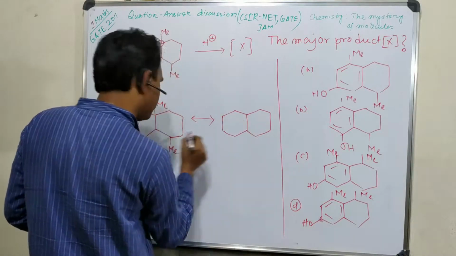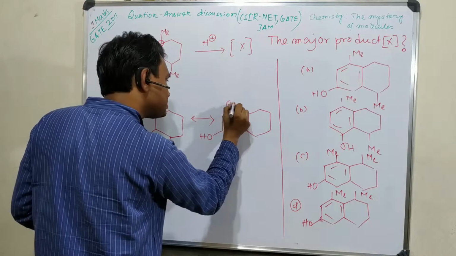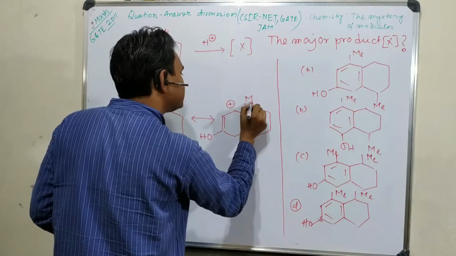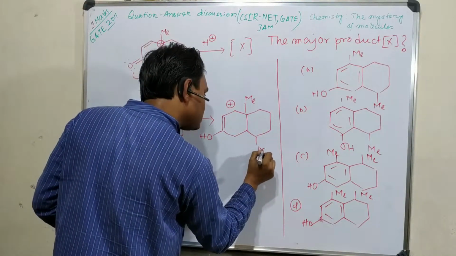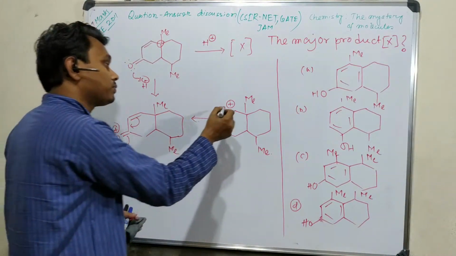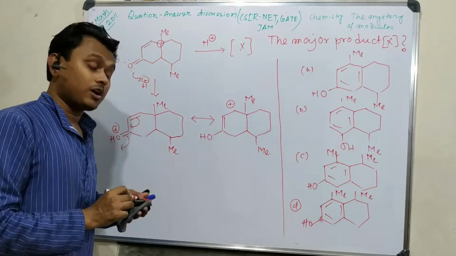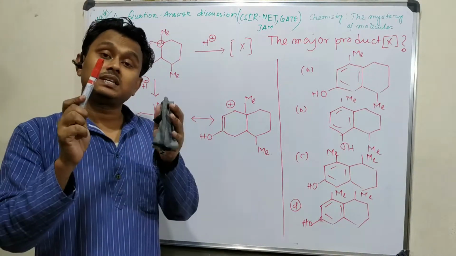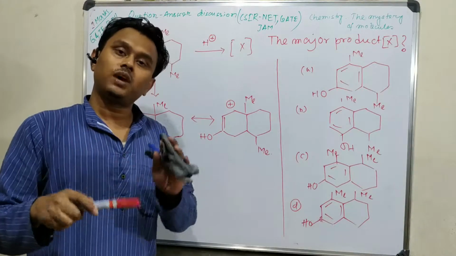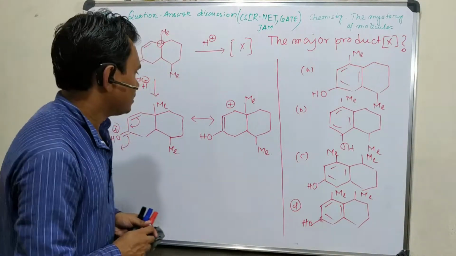The driving force is that oxygen does not have a negative charge; instead carbon has the positive charge, and we know that oxygen is more electronegative than carbon. But one point should be remembered: when there is a factor of octet fill-up of every atom, then oxygen will participate.